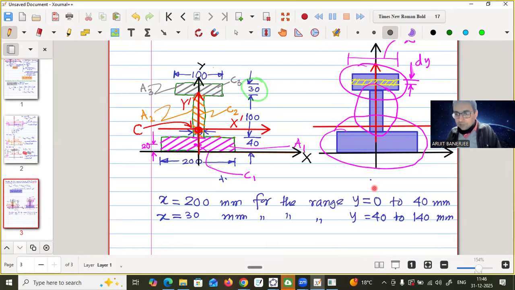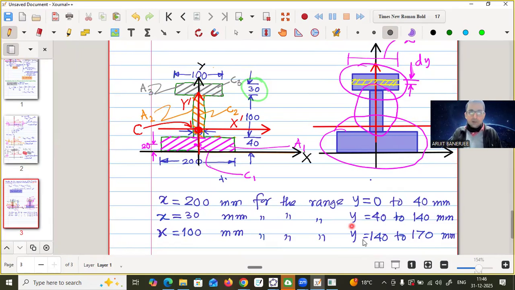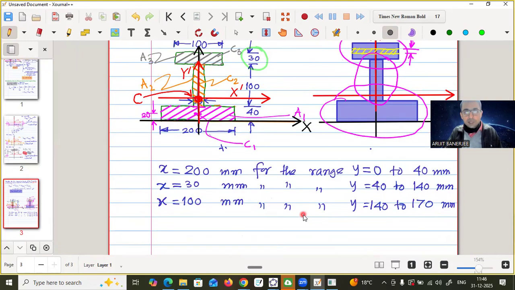Is it clear? And x is equal to 100 mm. Am I clear? Yes, sir. For the range y is equal to 140 to 170. You will see that this will make your calculation much easier. Instead of applying the parallel axis theorem, I guess it will be easier.